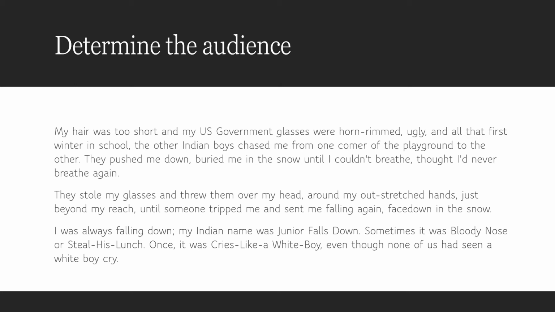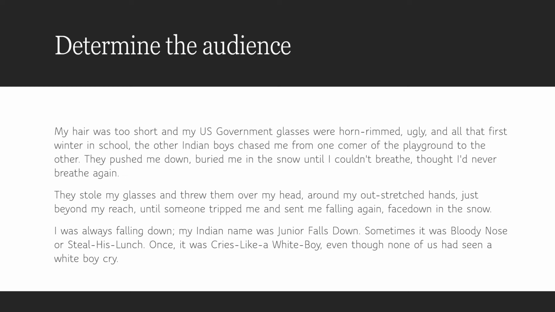My hair was too short, and my U.S. government glasses were horn-rimmed, ugly, and all that first winter in school, the other Indian boys chased me from one corner of the playground to the other. They pushed me down, buried me in the snow until I couldn't breathe, thought I'd never breathe again.